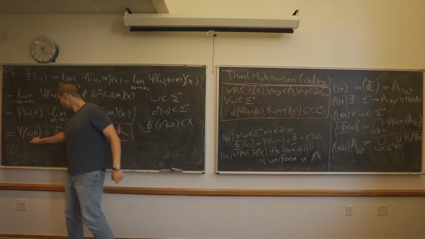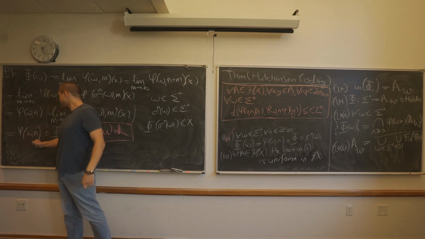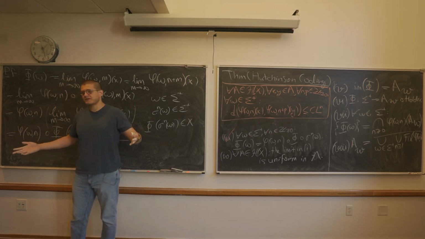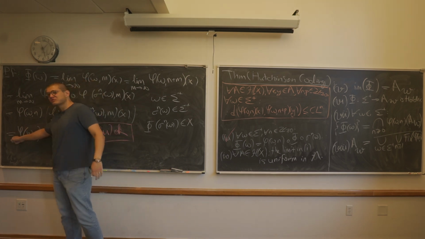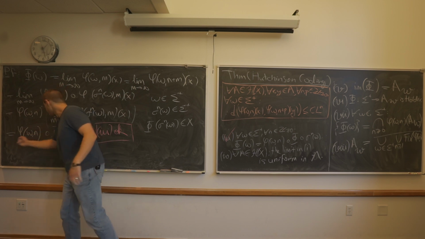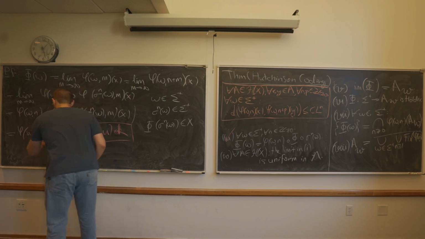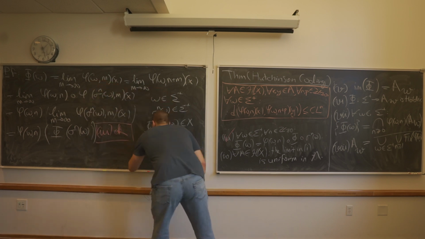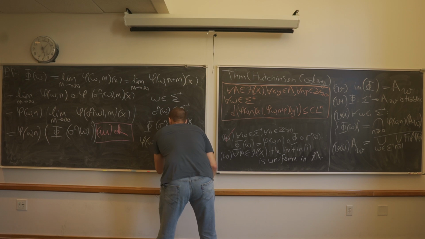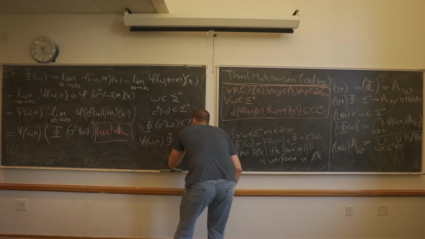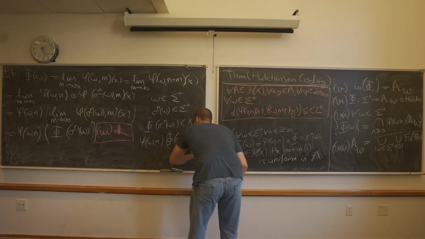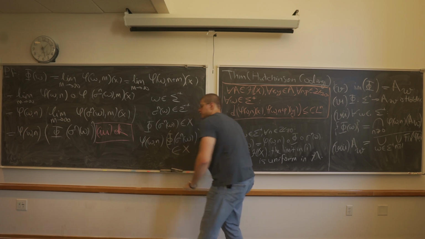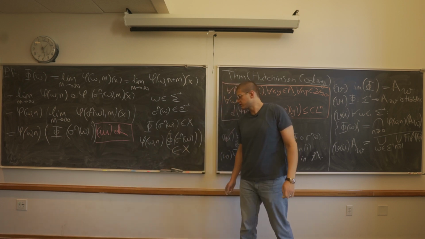But then this is the composition of finitely many contractions of x. In particular, this is a function from x to x, which means that whatever this is, if you want, I can write it like this. Does this make sense?